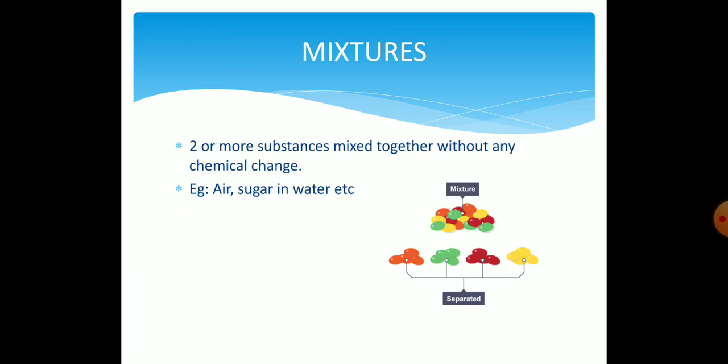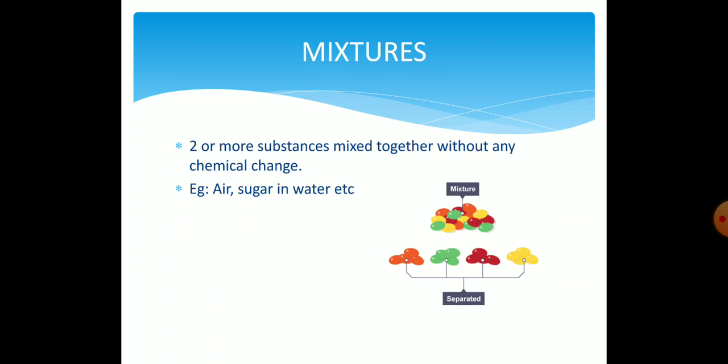Now, what are mixtures? Mixtures, that is the same thing, two or more substances are combined but without any chemical change. There is no chemical change taking place, so it is easy to separate them. We can easily separate them. Look at the picture I have shown. Take colored balloons or colored toffees, anything, orange color, green color, yellow color.